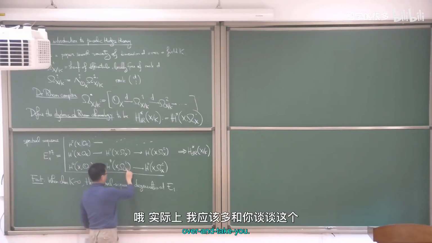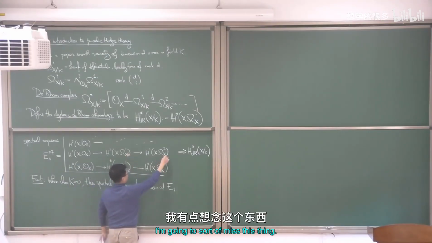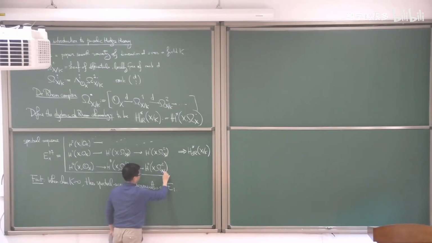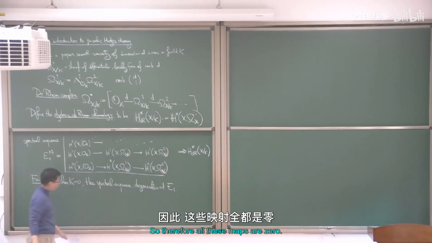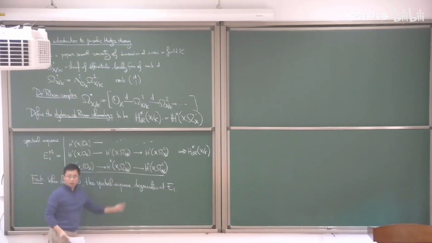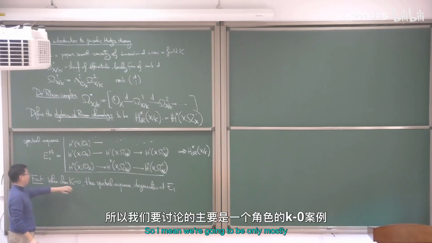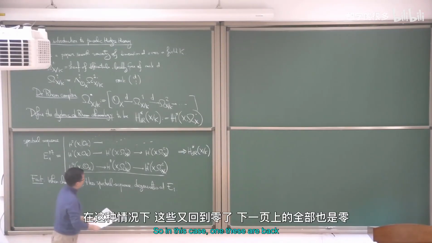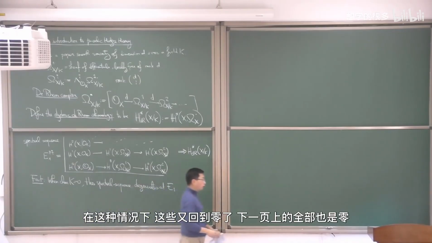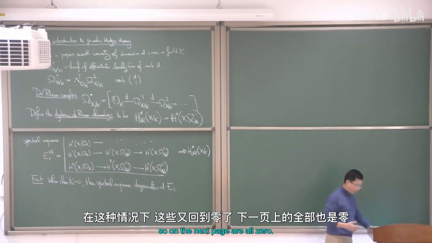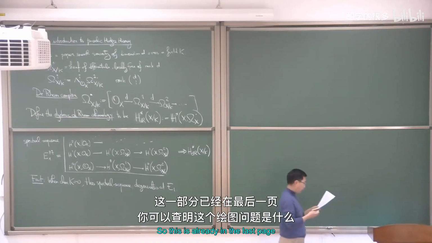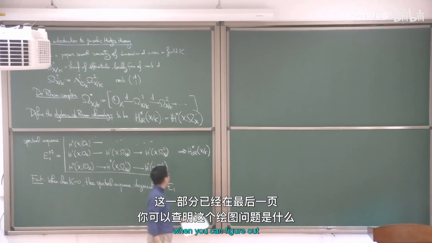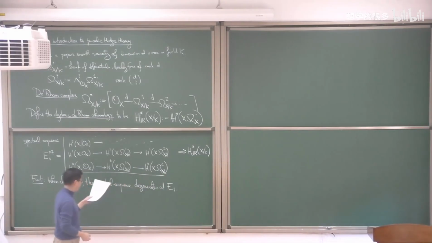Oh, I should put these over k here. I'm going to list these things later on. So therefore all these maps are 0. We're later only going to mostly consider the characteristic k equals 0 case. So in this case, these maps are 0, and the maps on the next page are also all 0. So this is the last page, where we can figure out what this de Rham cohomology is.